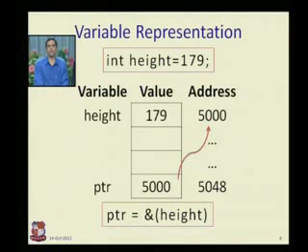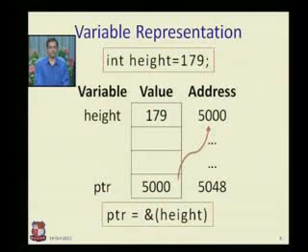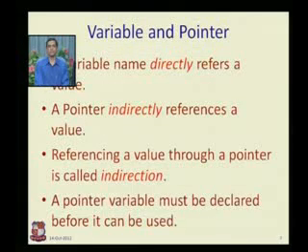So basically, how can we differentiate a variable and a pointer? The definition of a variable is that a variable name directly refers to a value. That means in this figure I have directly given the value 179 to the variable height. A pointer indirectly references a value.